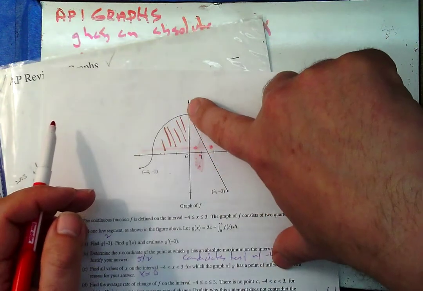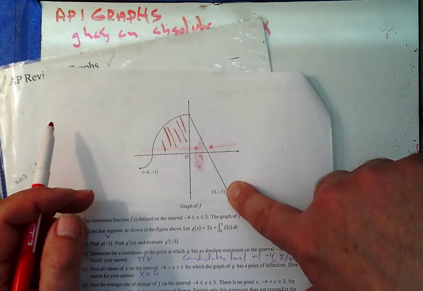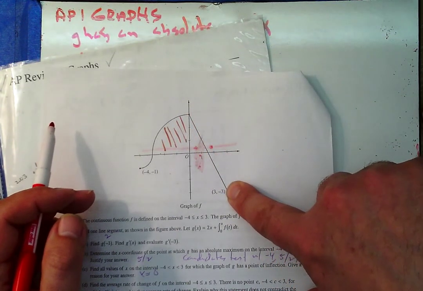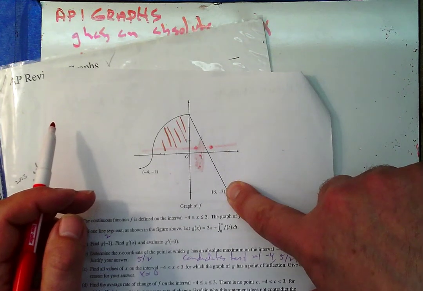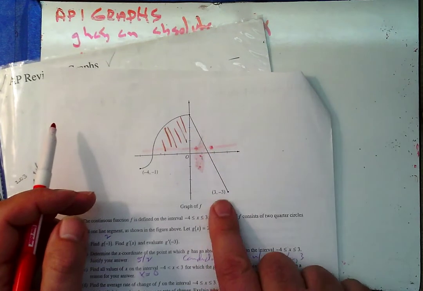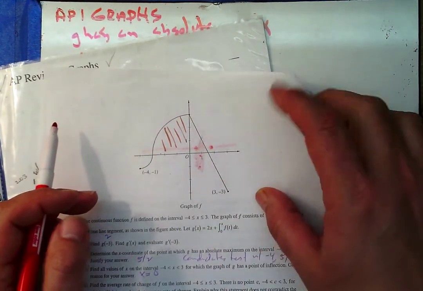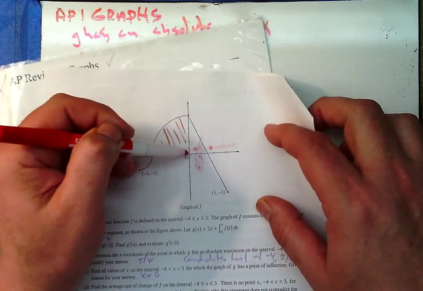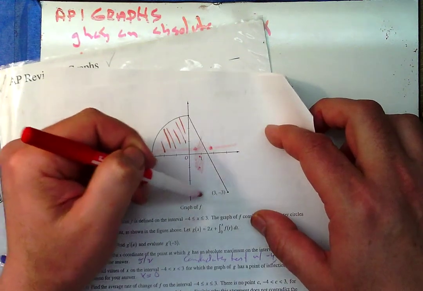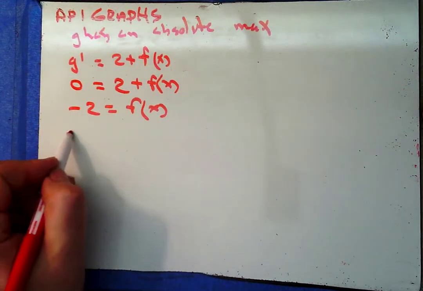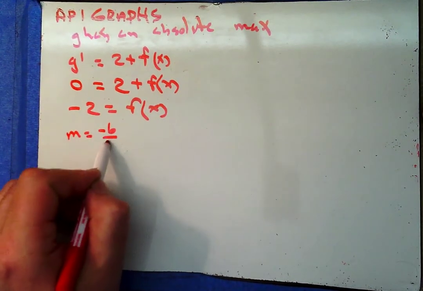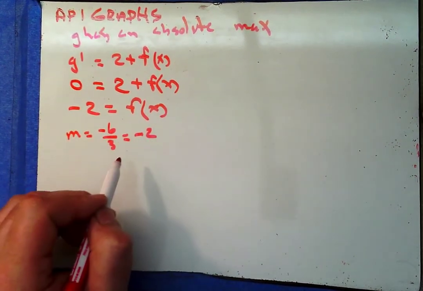I guess I have to write the equation of this line, which I learned how to do in Algebra 1 and reviewed in Algebra 2 and in Pre-Calc and in Calc. And then I have to set that equation of that line, which goes down 6 and over 3, negative 6 over 3, or negative 2 is the slope.